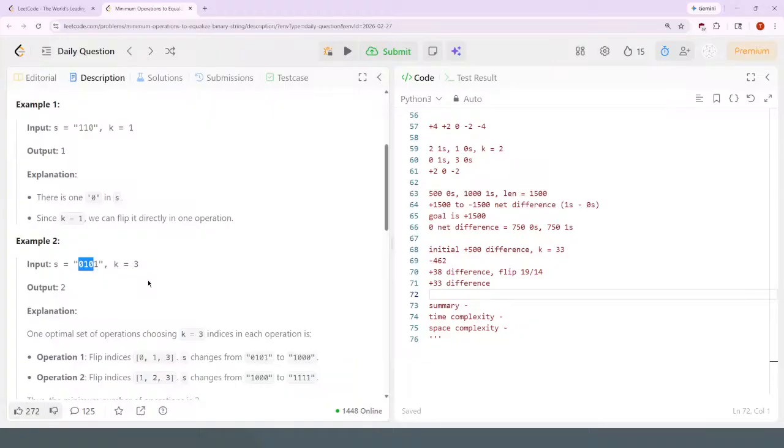K is 3. 2 goes to 0. 2 has to go down to 1. 1 can go down to 0. 2 can go down to 1.